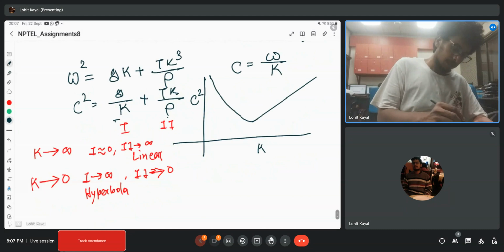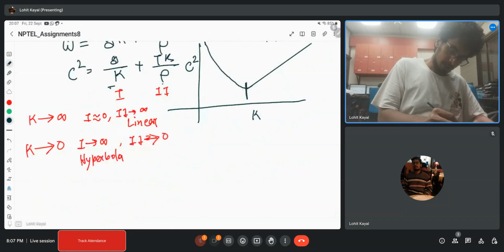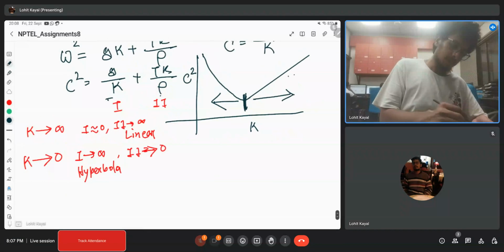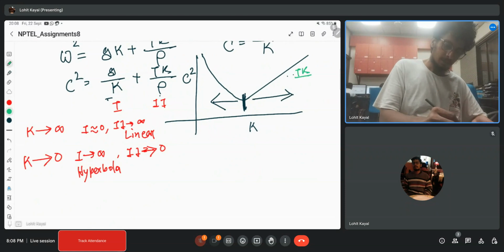There is a particular joint beyond which it is almost linear, and before that it is a hyperbola. The part where it is linear, the term is Tk by rho, and the equation for the hyperbola is g by k.